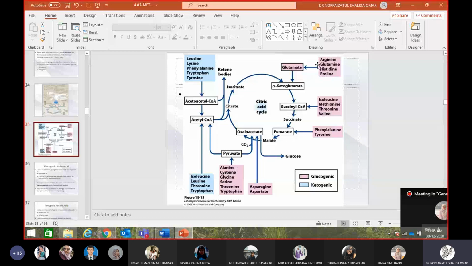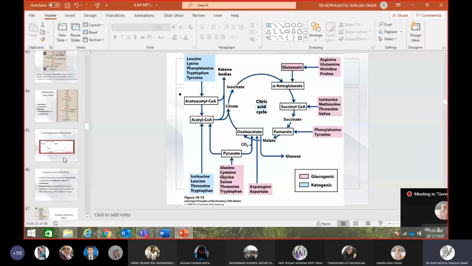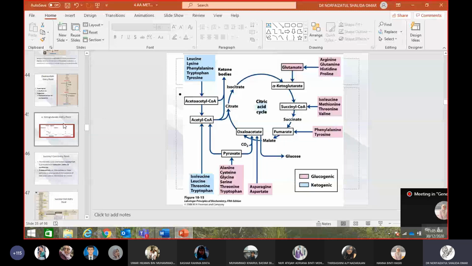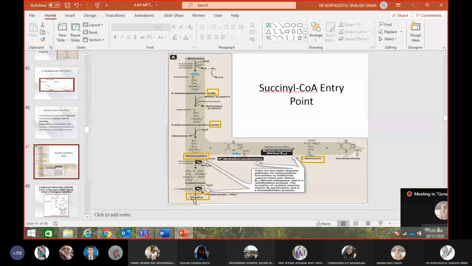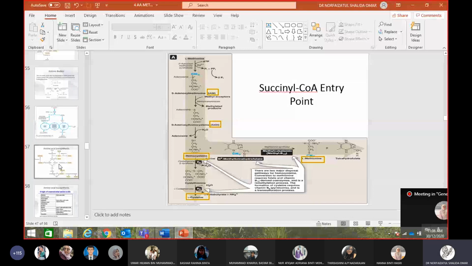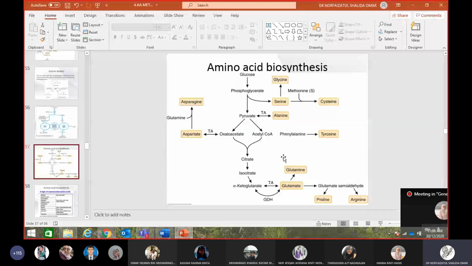It enters the Krebs cycle, or it is used for gluconeogenesis, or it is converted to other substances, like in this case succinyl-CoA being converted to cysteine, and the production of SAM, S-adenosylmethionine, and the other one is the biosynthesis of amino acids. So in amino acid metabolism, there are three important things.